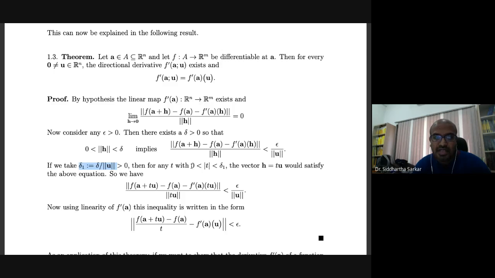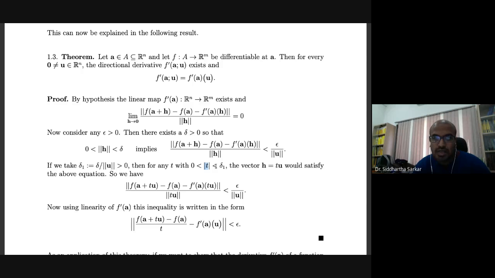And then take any t so that mod t lies between 0 and delta 1. So if you do this, I'm trying to test it on the vector, the scalar t times the vector u, which is h. So you plug in the entire thing. Over here, you end up seeing that mod of t times norm of u is less than delta.